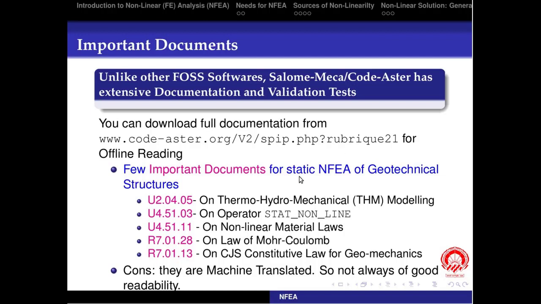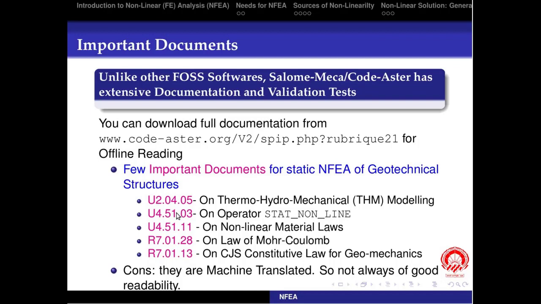And for static nonlinear analysis of geotechnical structures, these are some of the important documents we should be familiar with. This document is on thermo-hydromechanical modeling. If we want to analyze pore pressure, along with effective stress, etc., or flow through the soil, seepage, etc., then we should know how to use those types of modeling, and the details are available in this document.